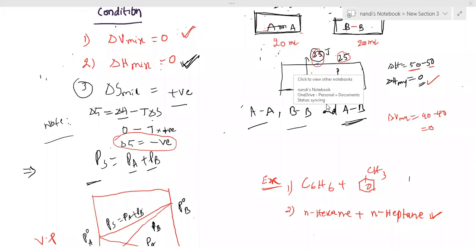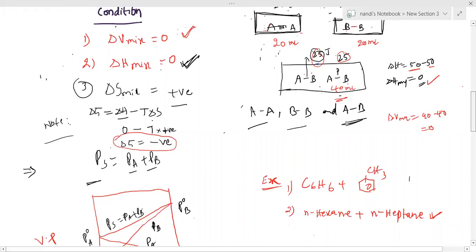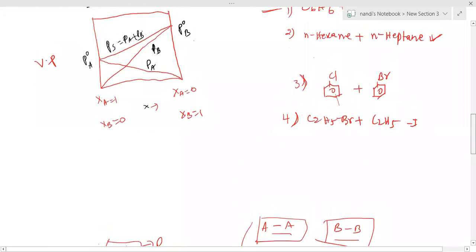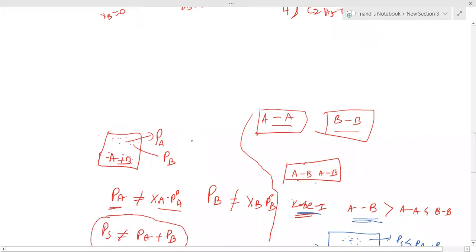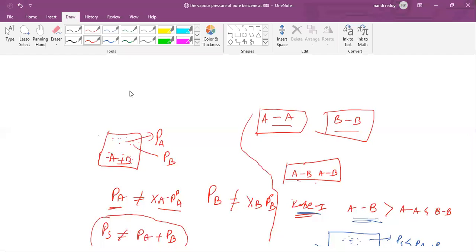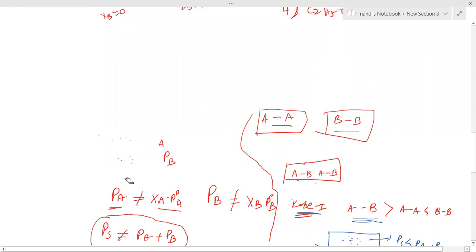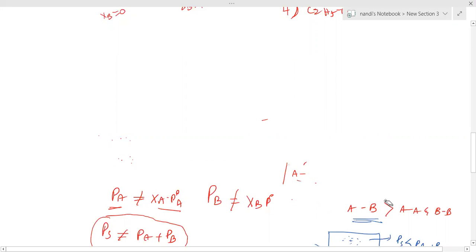Can I move next? Write one question. Which of the following combinations can show delta H mixture equal to 0?